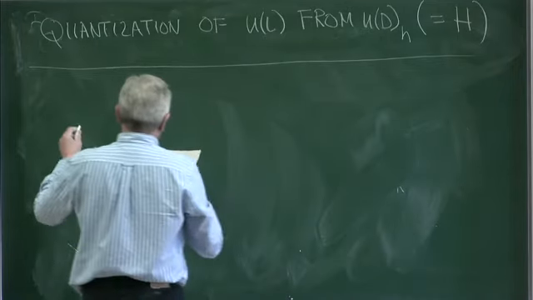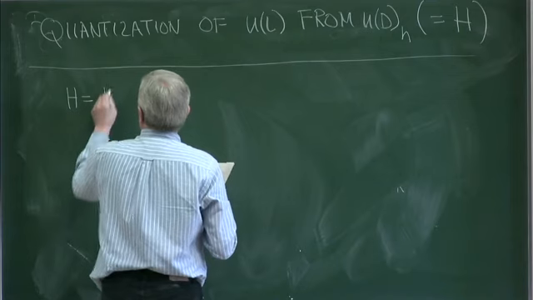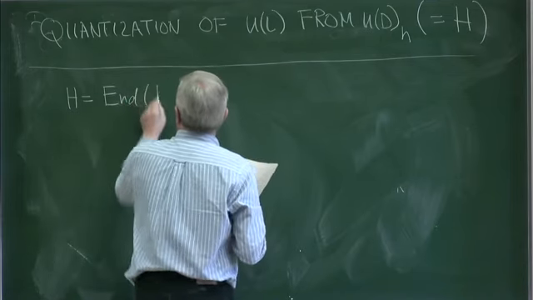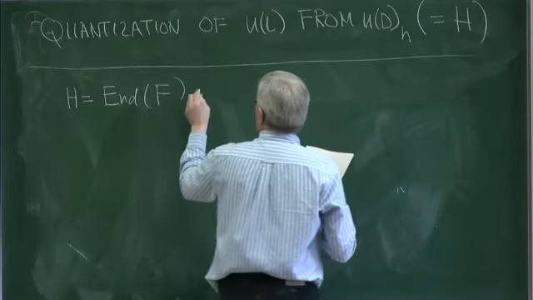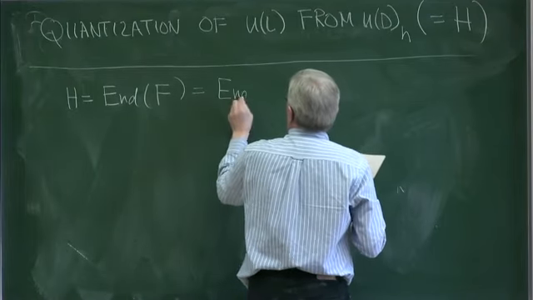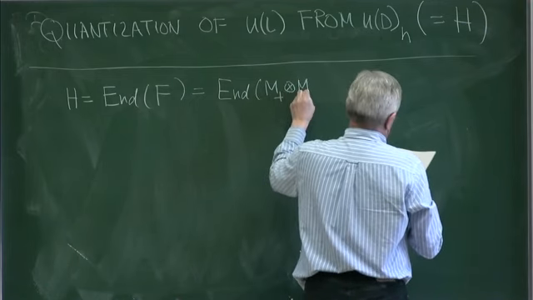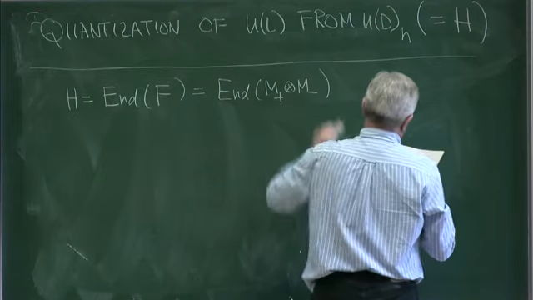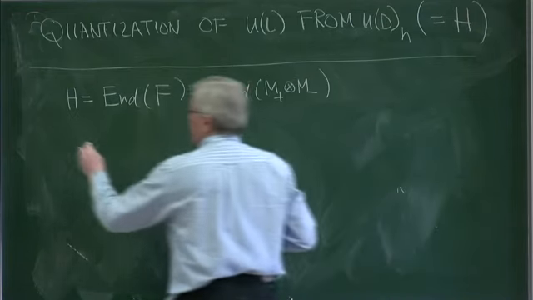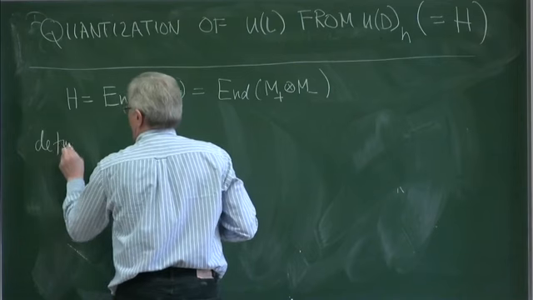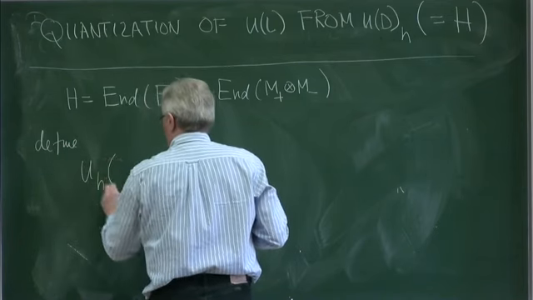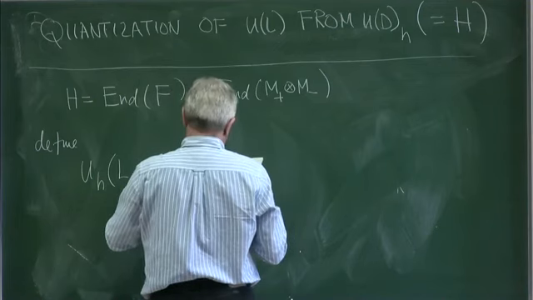So remember that H is the endomorphisms of F, which is the endomorphisms of M plus tensor M plus, M minus. And what we define is U h of L plus.